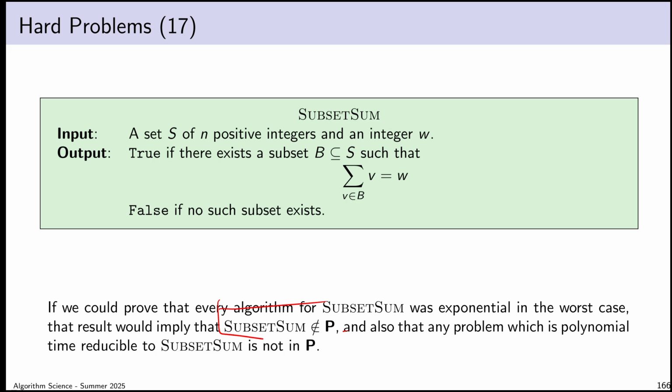Any problem that subset sum can be reduced to in polynomial time is in P. So what I mean to say is this.